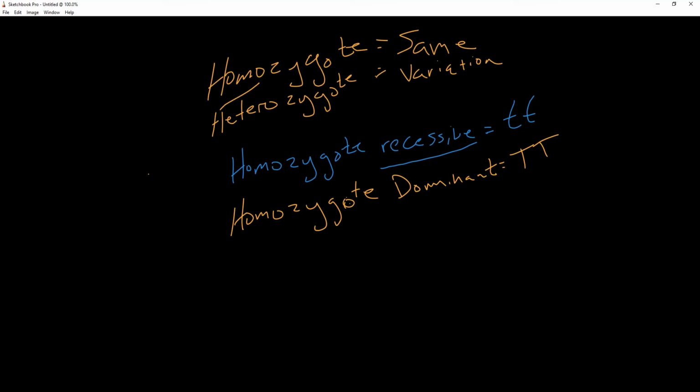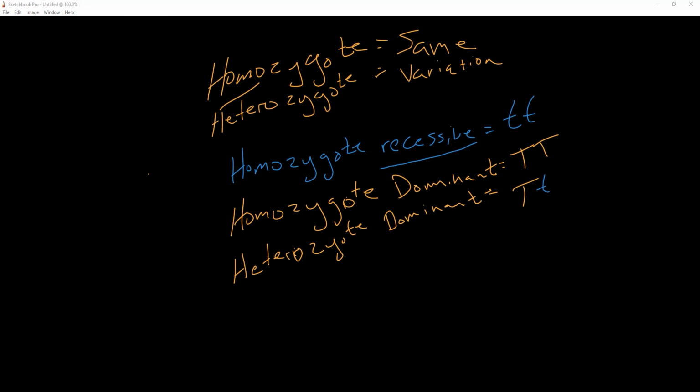And then we can remember that our hetero, which I think almost everybody understood, the heterozygote dominant, which goes to say heterozygote recessive, you can say it either way, has both the uppercase T and the lowercase t.